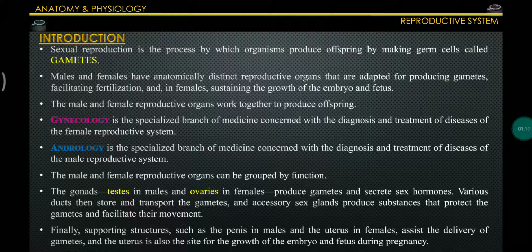They are grouped into different groups by means of function: gonads, which help in the production of male or female gametes, like testes and ovaries in the case of females; ducts, which help in the transport of gametes into the respective organs; and accessory sex glands, which help in the production of sexual hormones or secretions, which help in the protection and transport of gametes.